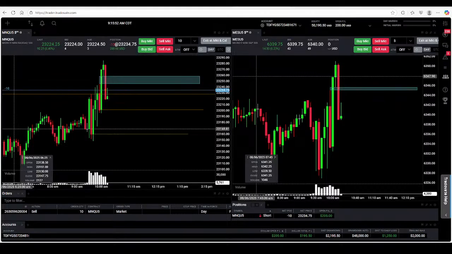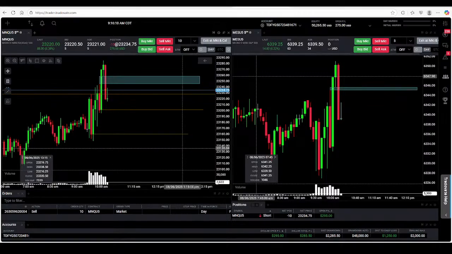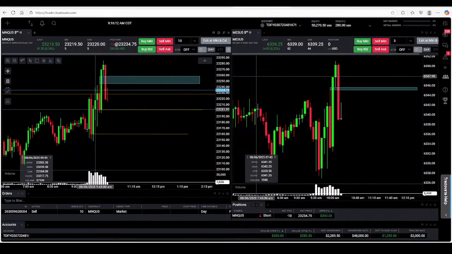So we'll see if we can get a push lower here. We'll look for a target here.